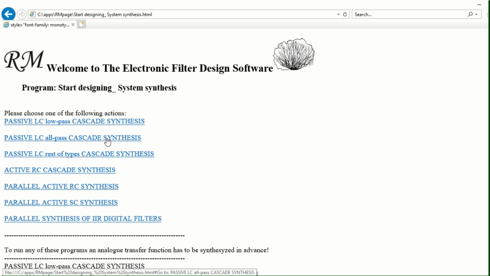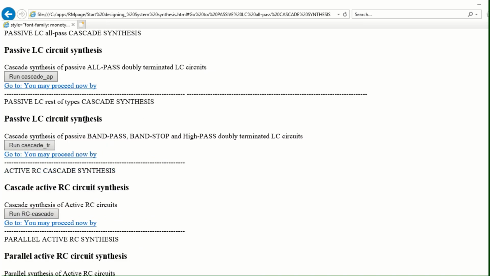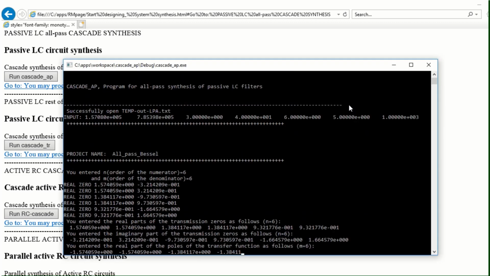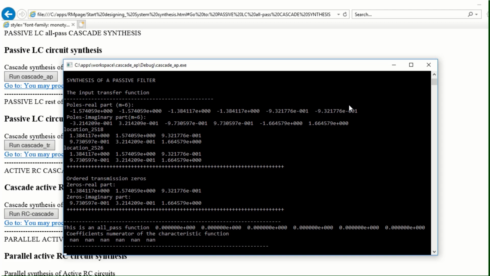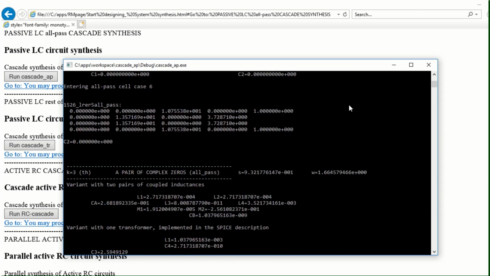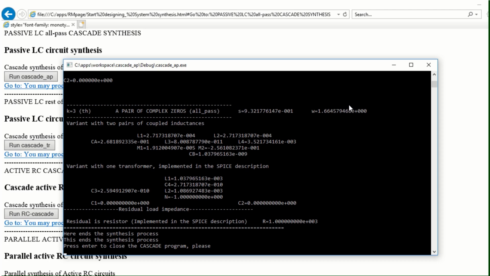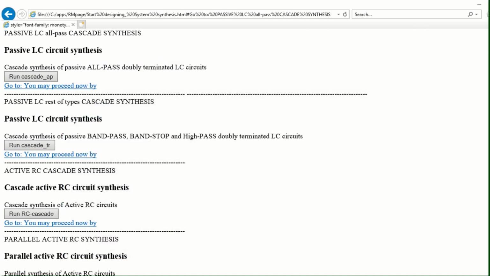First, we will go for the passive synthesis, for which we have a specific program developed for all passive LC circuits. Its name is Kaskade AP all pass.